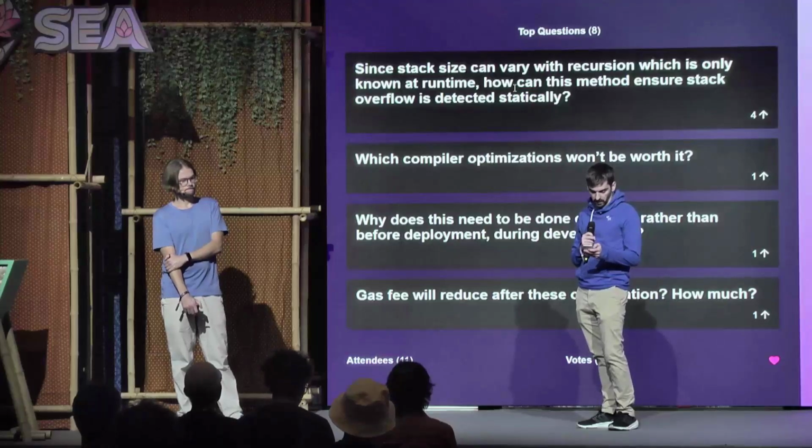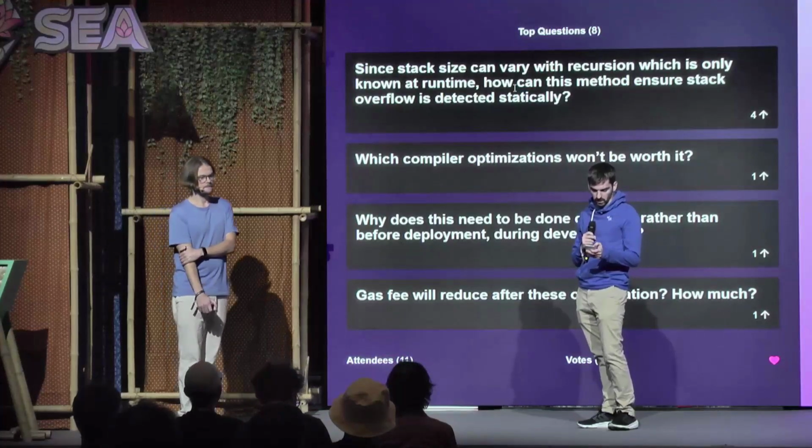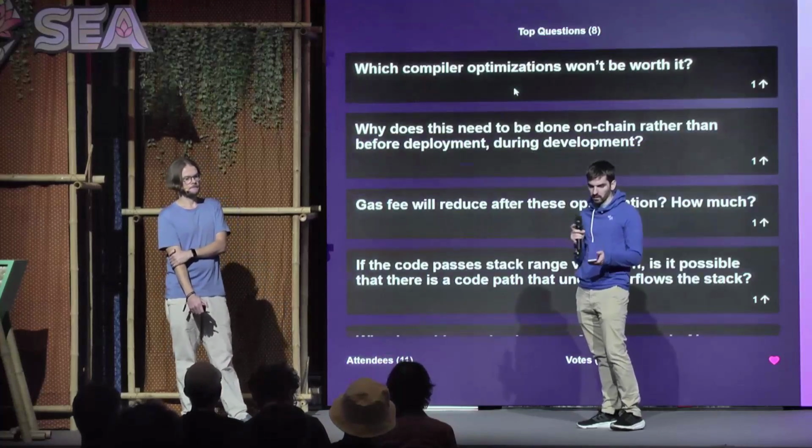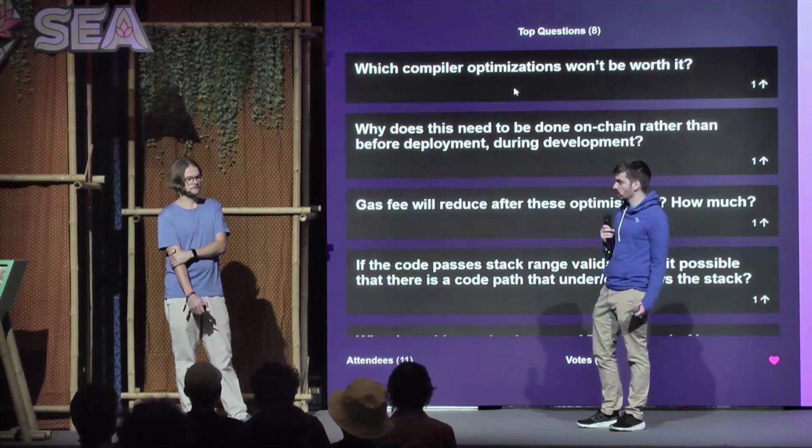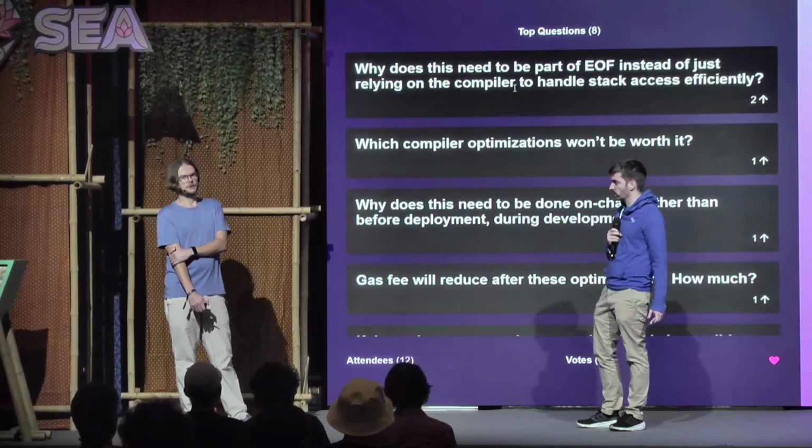Great. So the next question: in the beginning, you mentioned that some compiler optimizations won't be worth it. Which compiler optimizations won't be worth it? Yeah, so I referred to one specific case that was pretty common for our initial idea of stack validation.